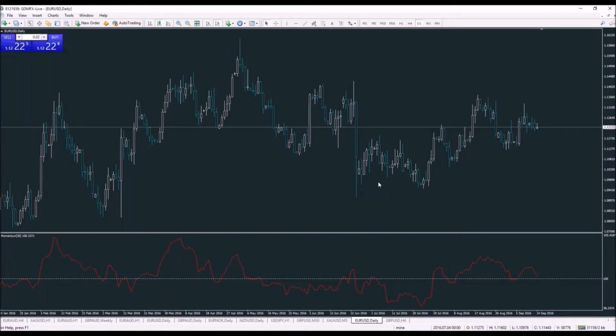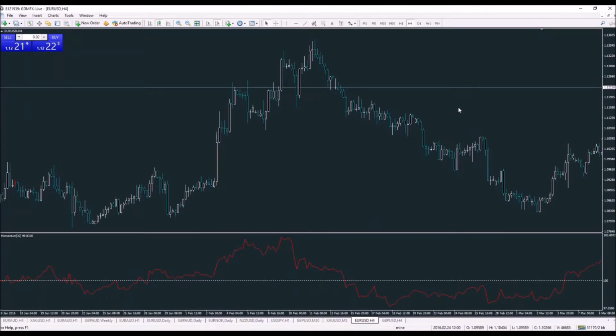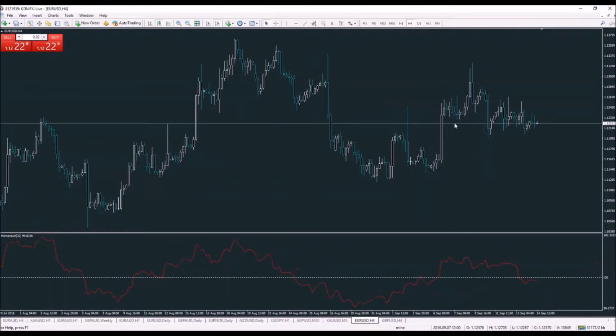That would be appropriate, between 80 to 100 pips of profit to 160 to 200 pips of stop loss on the 4-hour and daily charts.